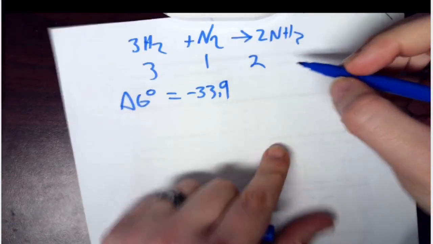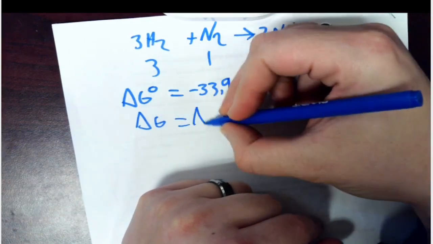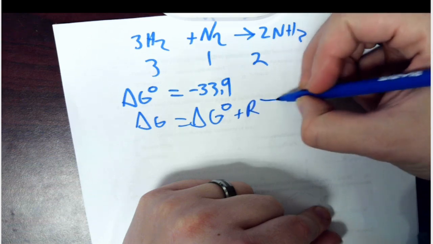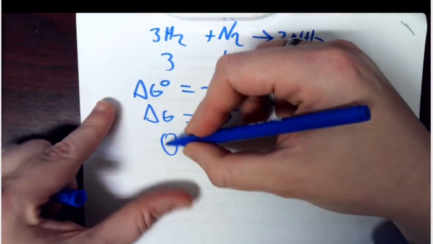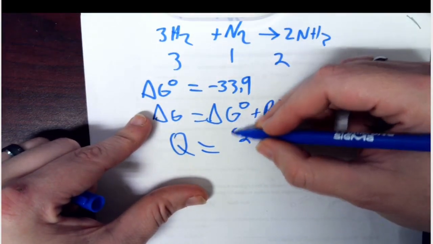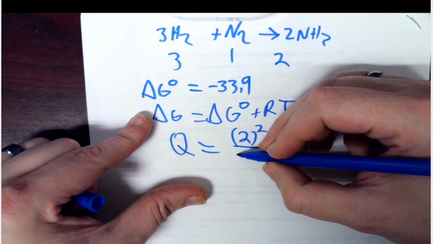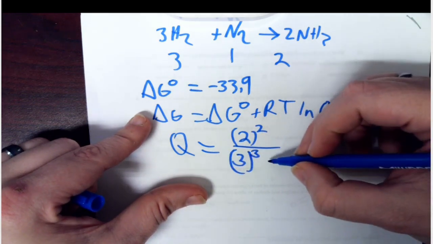Our equation is going to be delta G equals delta G standard plus RT ln Q. Our Q is going to be products over reactants, or products raised to the power of their coefficients.